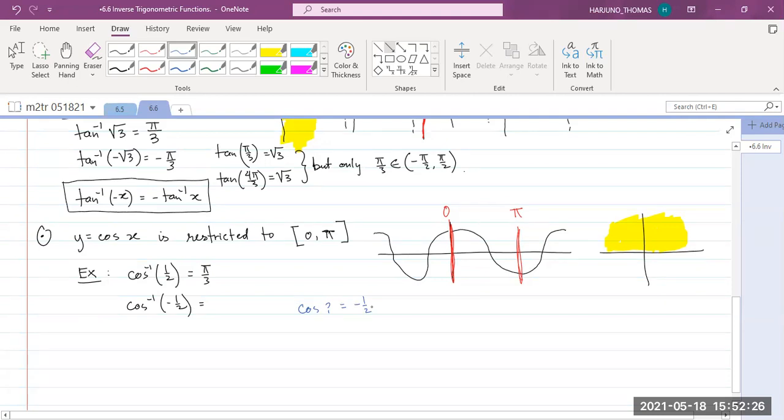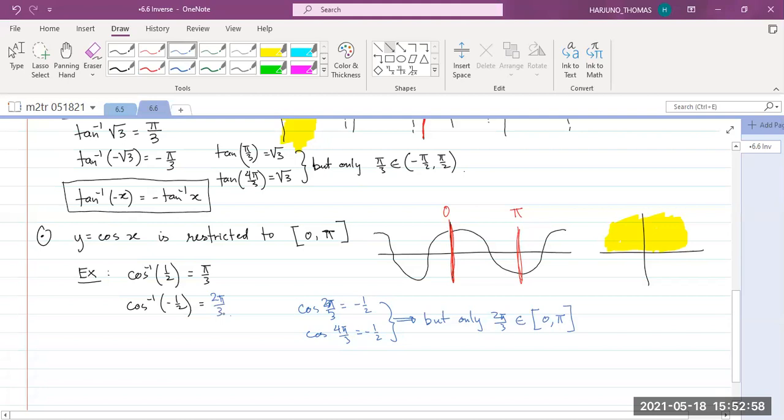The reference angle is pi over 3, so this must be 2 pi over 3 or 4 pi over 3. Now which of these two is in that window? Only 2 pi over 3 is in that window. So the answer is 2 pi over 3.